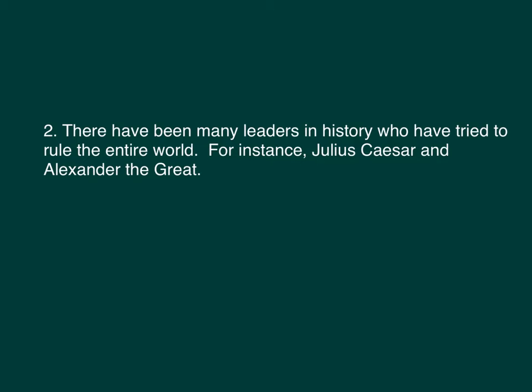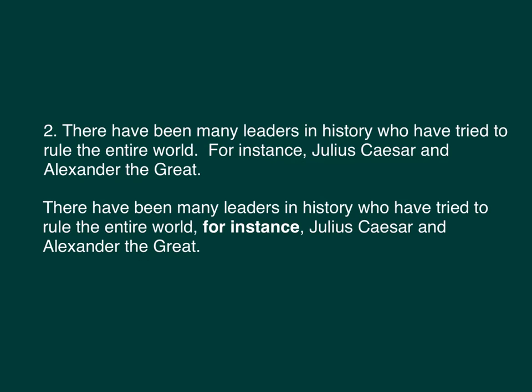Now let's take a look at the answer. Indeed, there's somewhere that we need to change. There have been many leaders in history who have tried to rule the entire world. For instance, Julius Caesar and Alexander the Great. Just like in question number 1, for instance works very similar to for example.